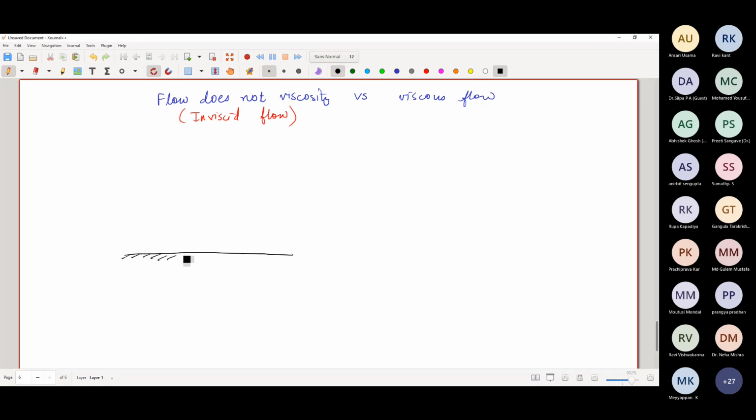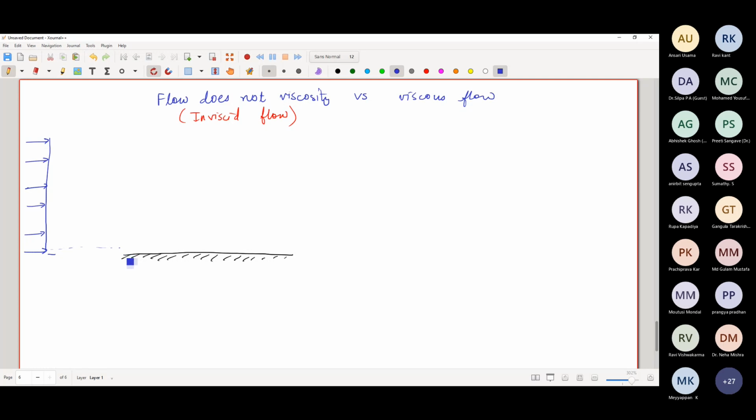Imagine you have a plate like this, and you have some uniform velocity arriving over it. And this uniform velocity eventually reaches the edge of this plate.